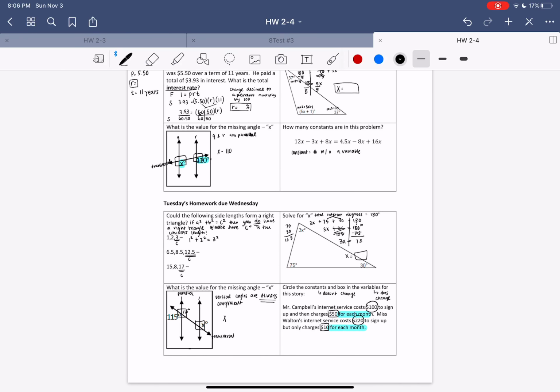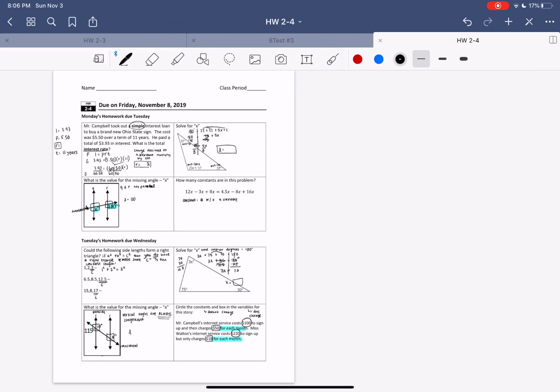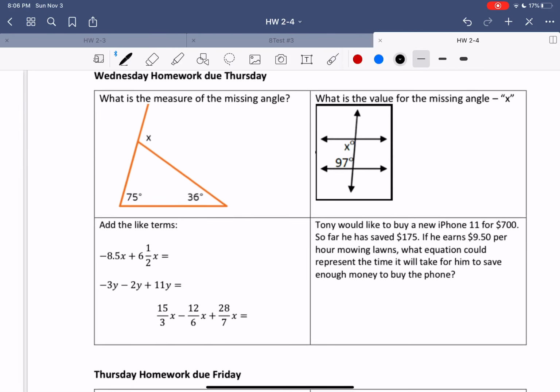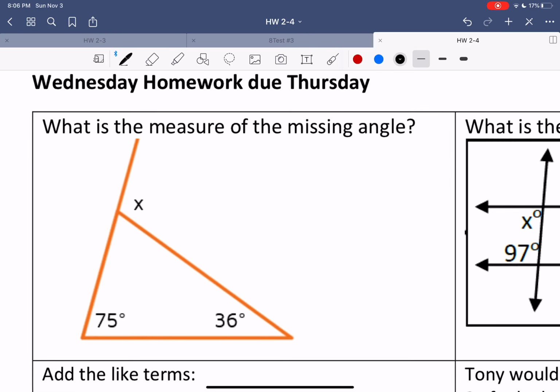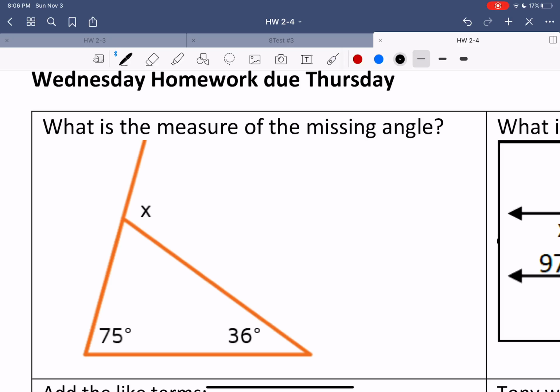So there's Tuesday. Moving on to Wednesday night's homework. What is the measure of the missing angle? So this is talking about the exterior angle theorem.